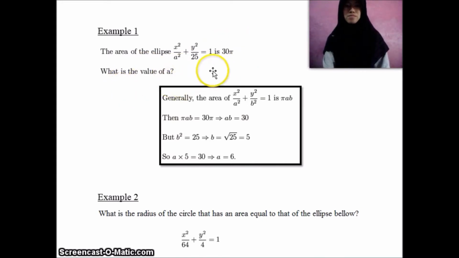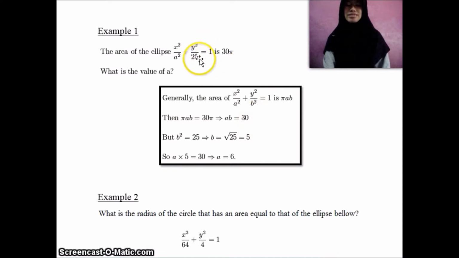We know that the area is 30 pi, where the formula for the area is pi AB. So 30 pi is equal to pi AB. Since both have pi, we can cancel them off. So AB is equal to 30.